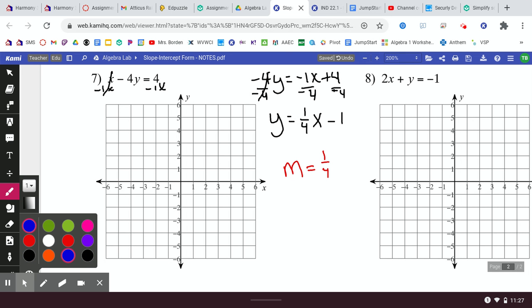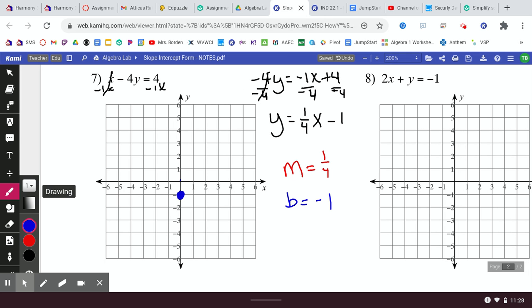And then Corbin, what's my b? Okay. So my beginning point is negative 1 because that's my b. And remember, negative 1 is below. That's that negative 1 on the y-intercept. And then my slope is to rise positive 1 and run to the right 4. So up, whoops.